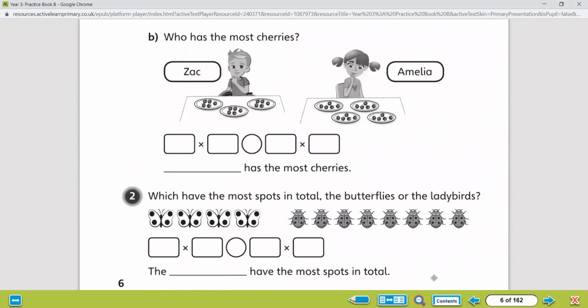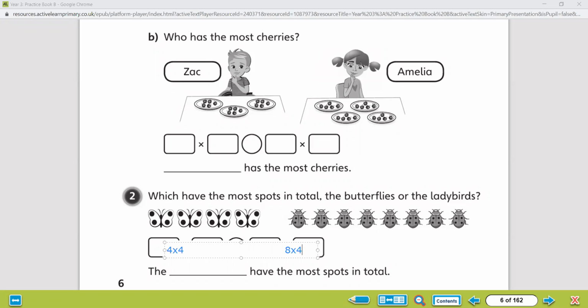So now we've got butterflies and ladybirds, and they've got 4 spots on each. There are 4 butterflies, but there are 1, 2, 3, 4, 5, 6, 7, 8 ladybirds. So let's work it out. 4 times 4 there, but here we've got 8 times 4.